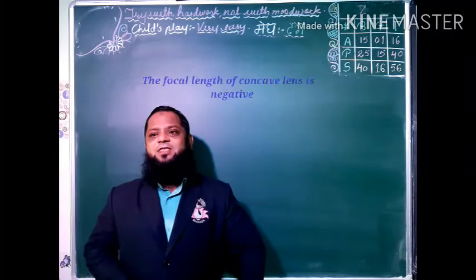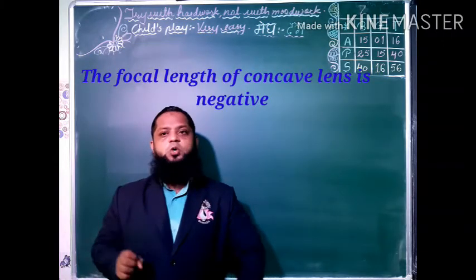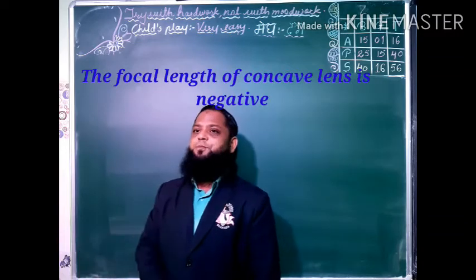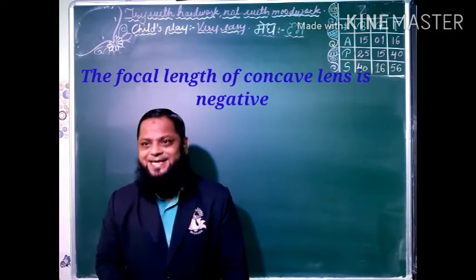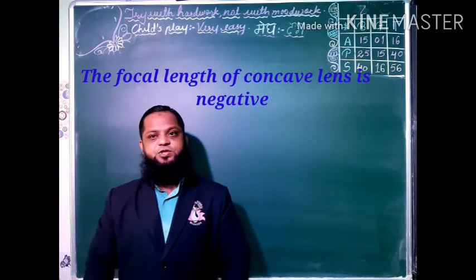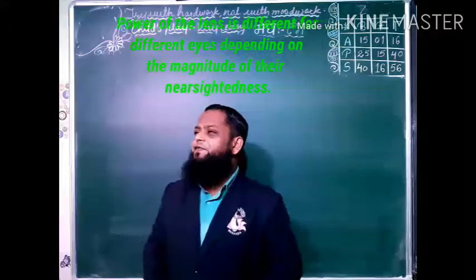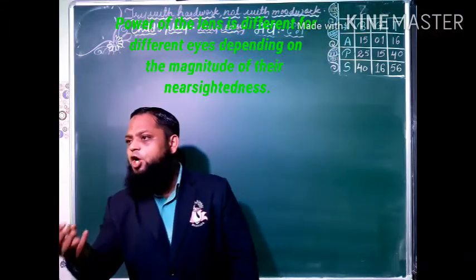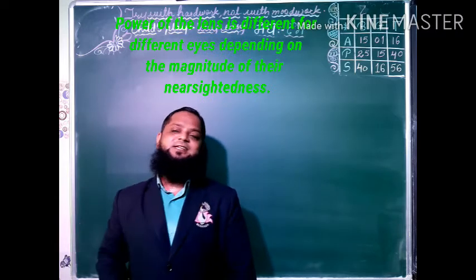The focal length of a concave lens is negative, so a lens with negative power is required for correcting nearsightedness. The power of the lens is different for different eyes depending on the magnitude of their nearsightedness.